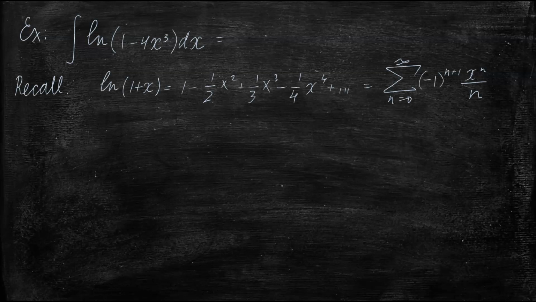Now, if we want to obtain the power series representation for ln of 1 minus 4x cubed, then we just have to take this power series and replace x with negative 4x cubed.